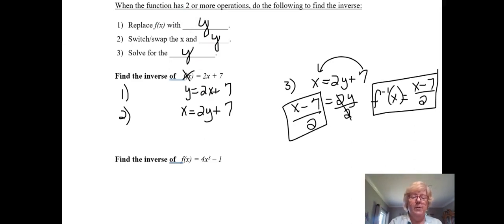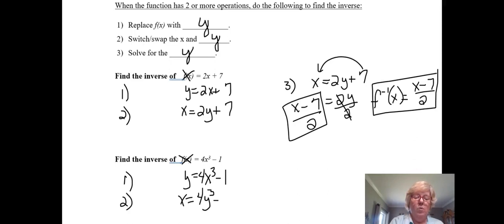In this example, again, step 1, I will replace f of x with the letter y. So that's my step 1. Step 2, I will interchange and swap around the x and the y. And then for step 3, I will take that result and solve for the y.